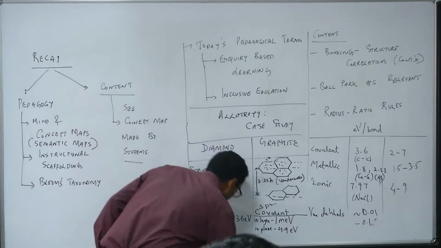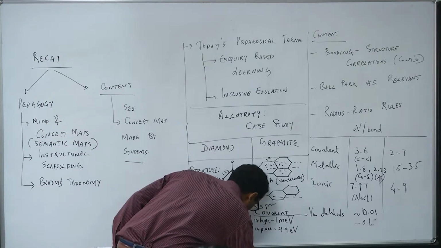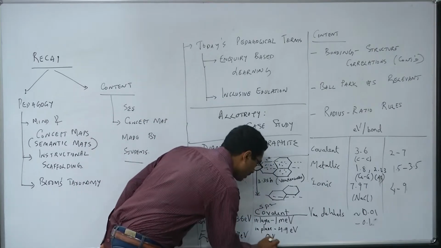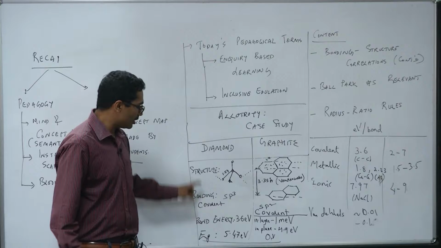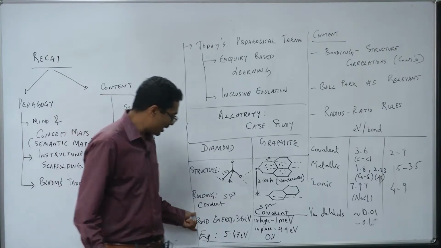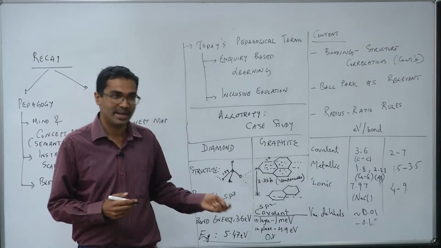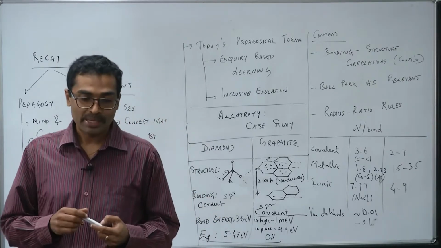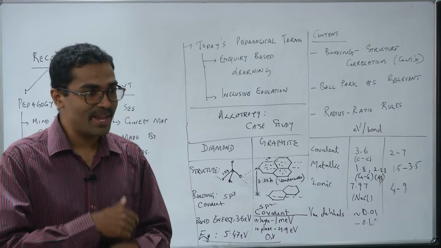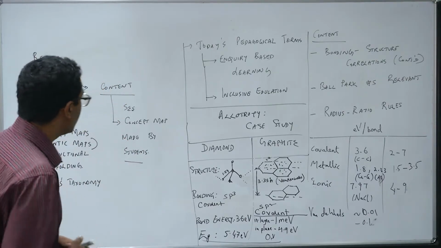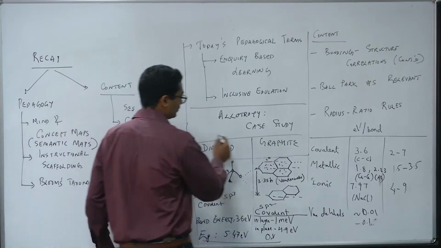So 5.47, and here it is 0. So you see, the nature of bonding determines so many things. Of course, the binding energies, but also physical properties, in this particular case, the energy gap. So it's the same carbon, but the way the carbon is bonded to one another is very different in these two systems. So this is a case study on allotropy.